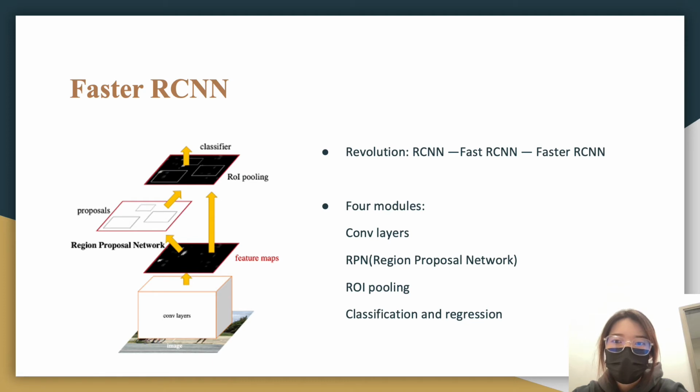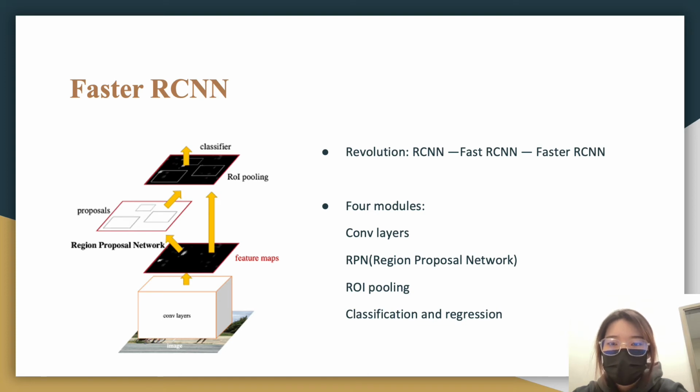RCNN is an inspired version of Faster RCNN. RCNN uses a selective search algorithm to propose possible ROIs, and then extracts regions for each; a standard CNN is used for classification.